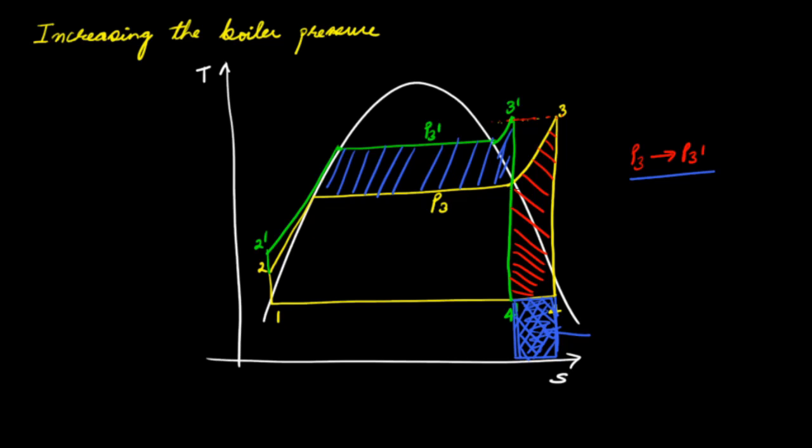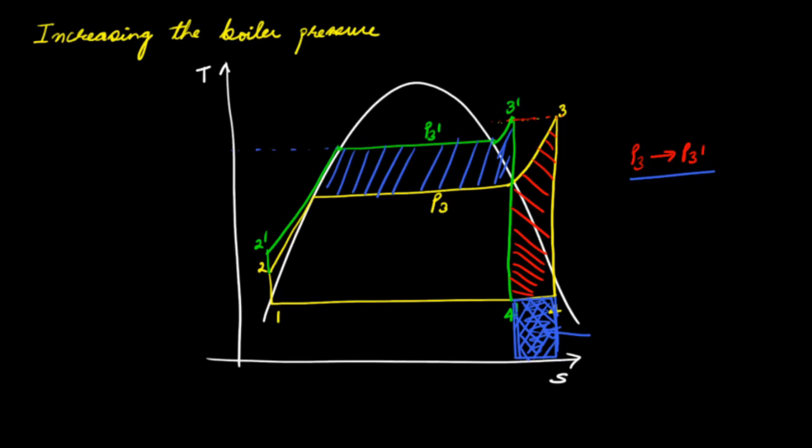Therefore, we have the same amount of work output with less heat rejection. Therefore, the efficiency increases. This is consistent with the fact that the average temperature at which heat is absorbed at higher pressure increases when we increase the boiler pressure.